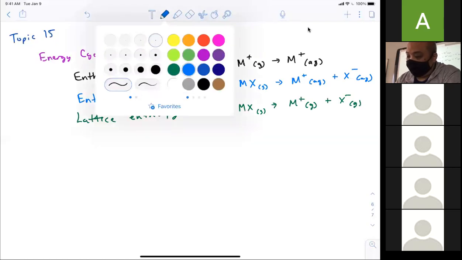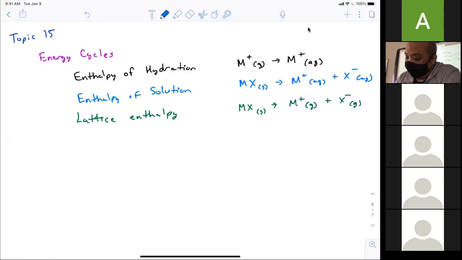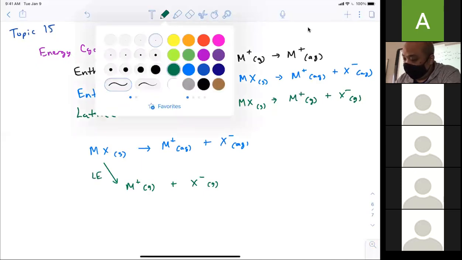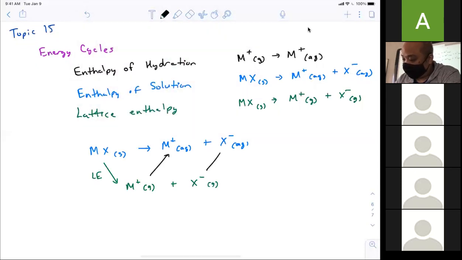If you want to solve for the enthalpy of solution of something, you can break it up into two parts: the lattice enthalpy, which breaks it up into gaseous ions, and then the hydration enthalpies of each ion.